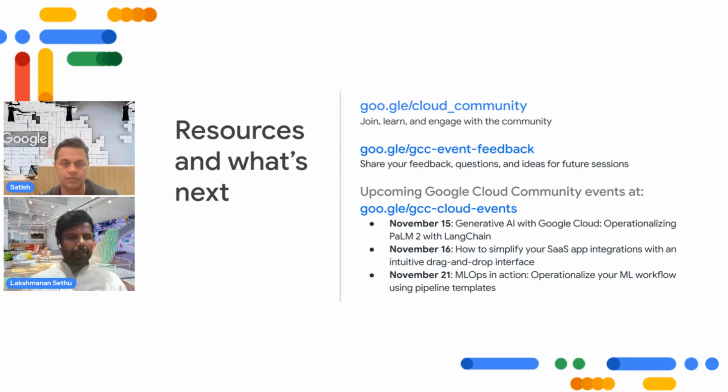Maybe a quick summary of what we discussed on standard GKE versus Autopilot. Maybe I can give a quick round of summary, then we can take up the pre-submitted questions for this session. So Autopilot, Google SRE takes care of all your day two operations.